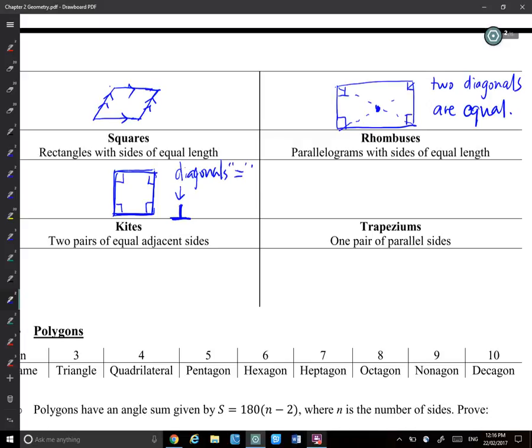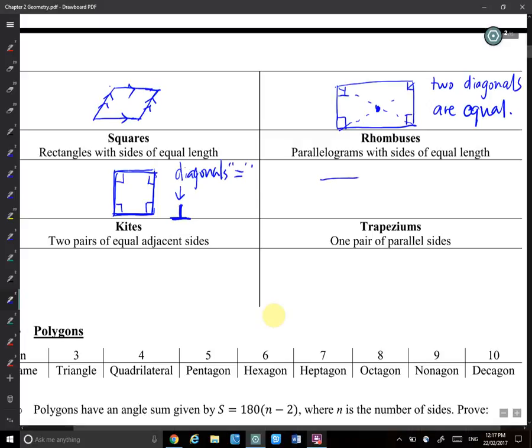Then I have the rhombus, which is a parallelogram with sides of equal length. So it's a special type of parallelogram, with 4 sides of equal length.